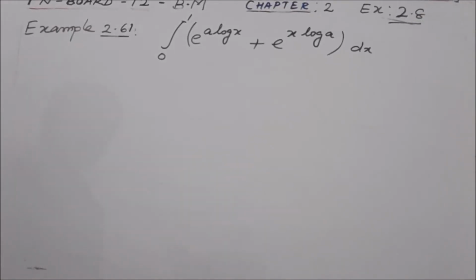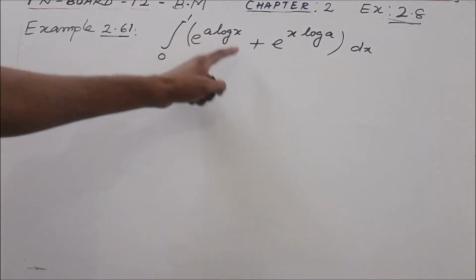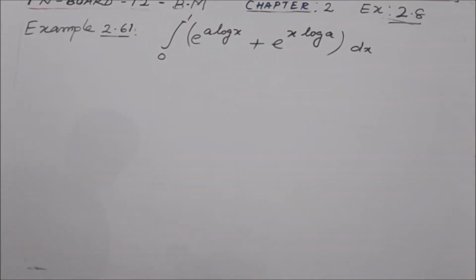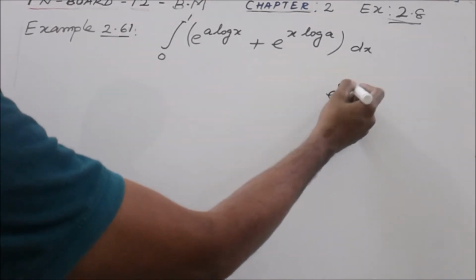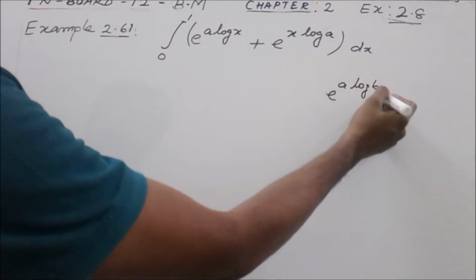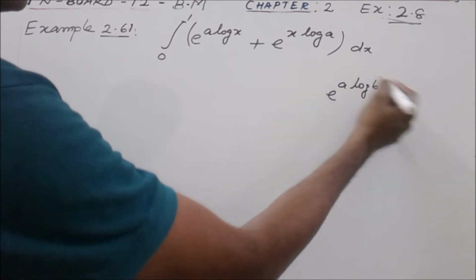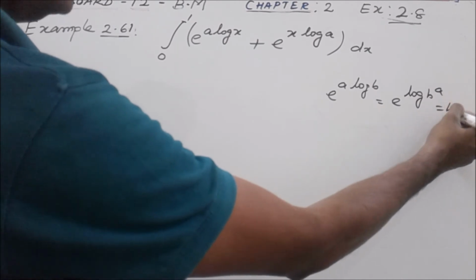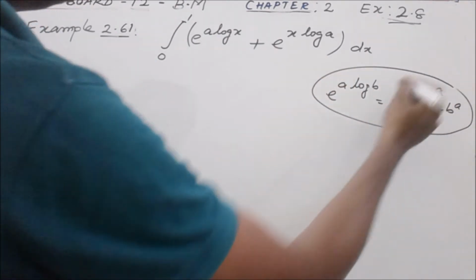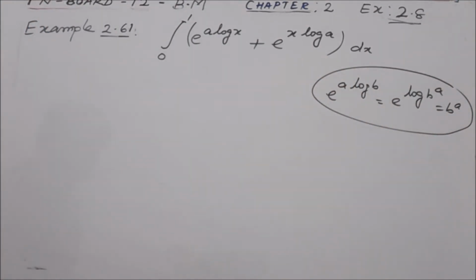Example 2.61 here. Integral 0 to 1 e to the power a log x plus e to the power x log a. e to the power a log b is equal to e to the power log b power a, that is equal to b power a. We have learned one formula in the logarithmic integration.